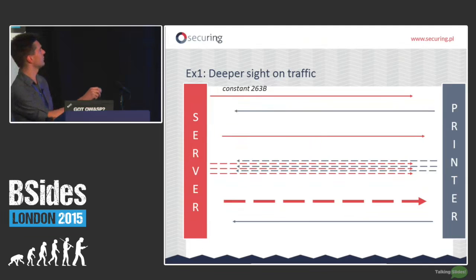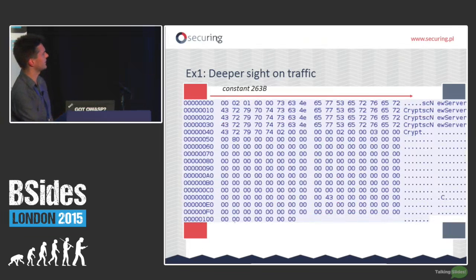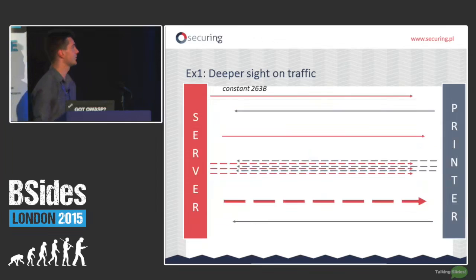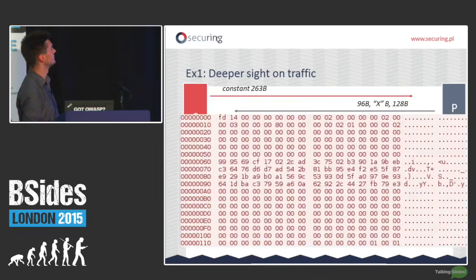Okay, more quantitative analysis. The first communication was always a constant 263 bytes. It looked like there is some crypt, so probably there is some encryption. The second one was some padding. At the end, also some padding, and this was X bytes. This X was 512. In the administrative interface, there was an option of RSA 512 bytes. So what is it? Probably a public key.